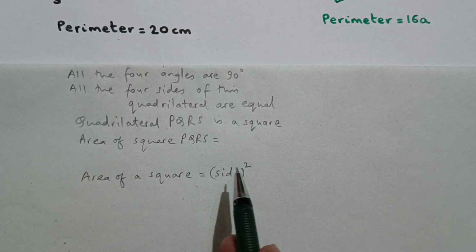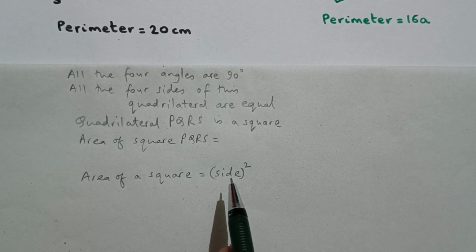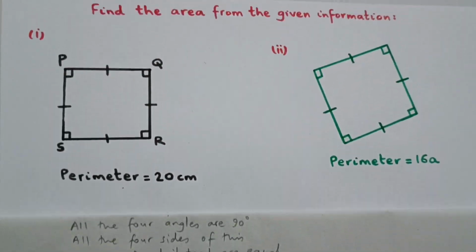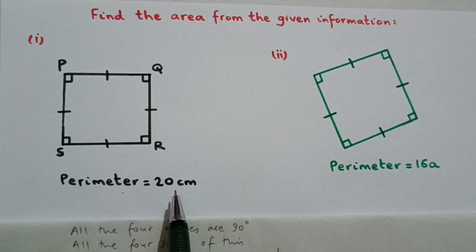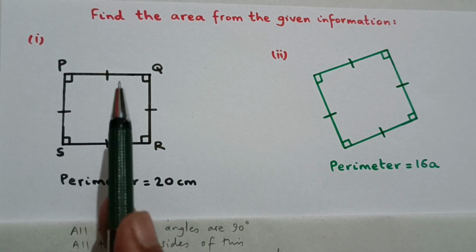So first let us find what is the measure of each side of square PQRS. For that we will take the help of this information. We have been given that the perimeter of this diagram is 20 centimeter. Now this diagram is a square.